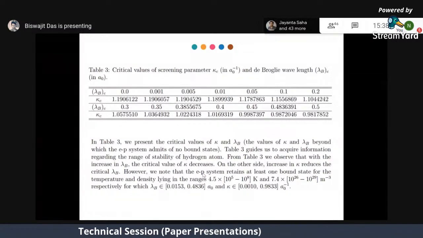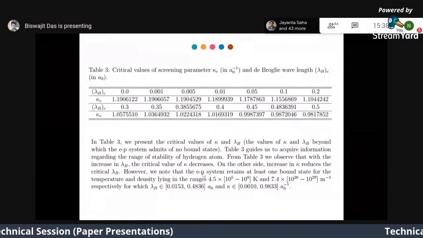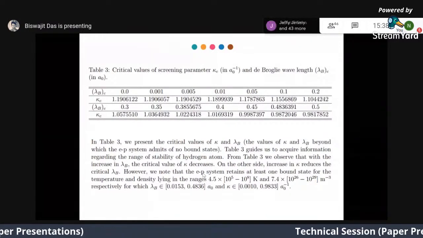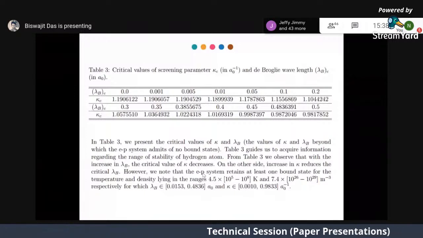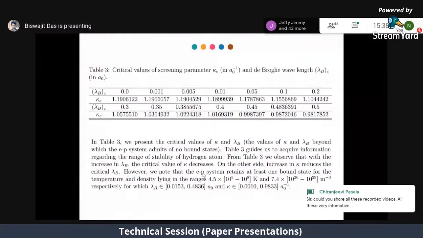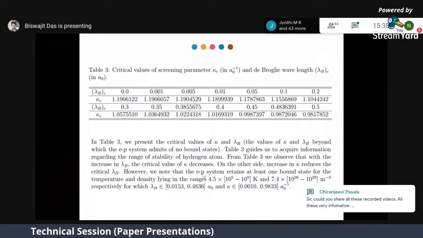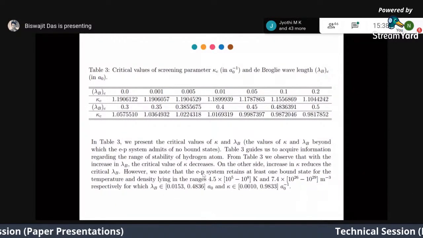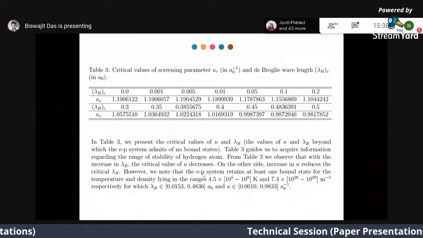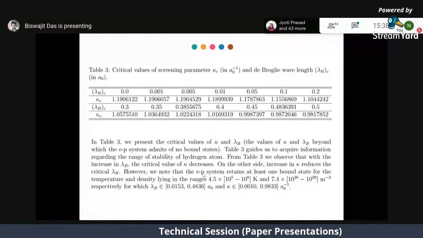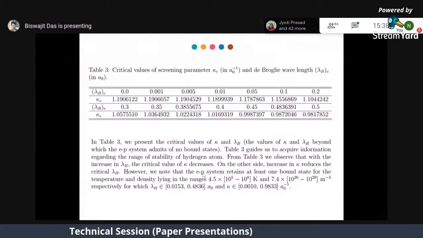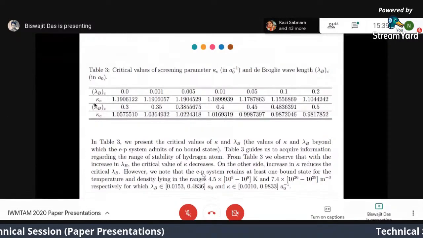This work was recently published in Physics of Plasmas, and the relation between lambda b and kappa with the temperature and density are shown in this published paper.